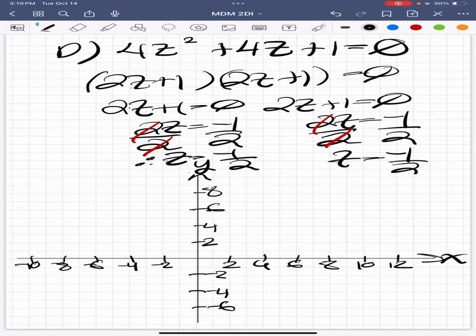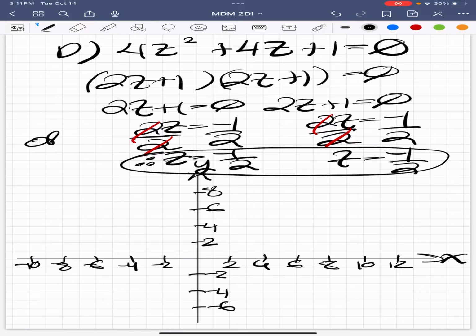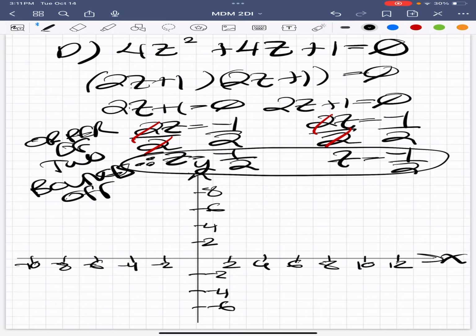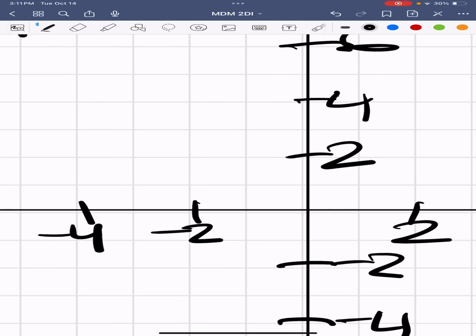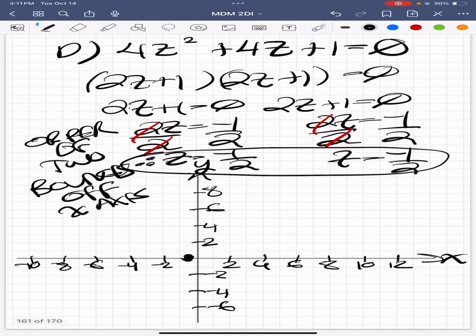And then we have, so it's order of 2, it bounces off the x-axis, and then it is negative half, and then we have up and up.